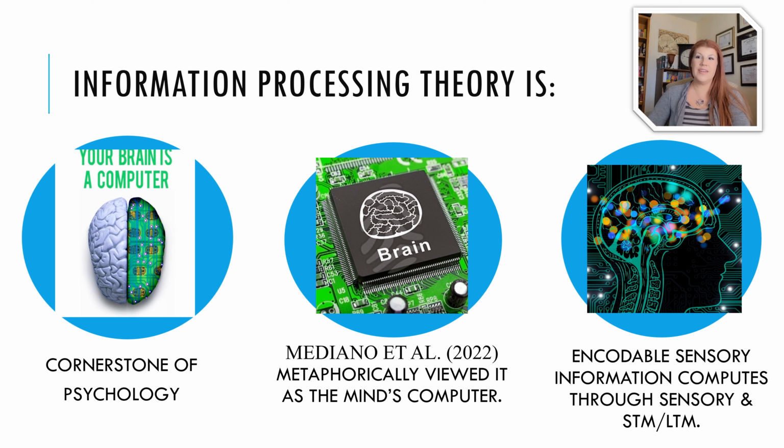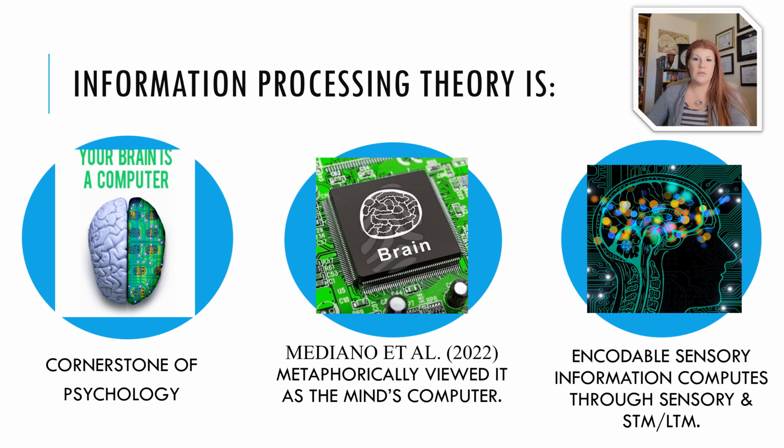Okay, so we see on the next slide, information processing theory is the cornerstone of psychology, because information processing theory is the framework of how information is processed and becomes elaborated in mental cognitions.